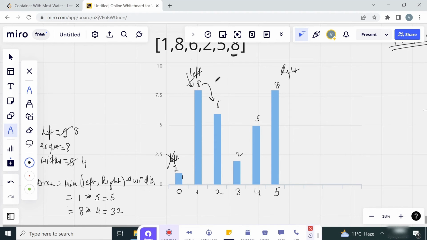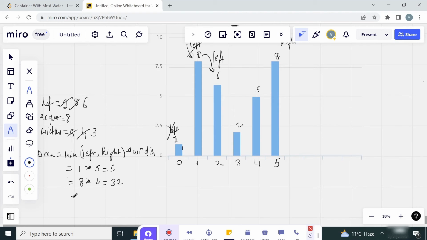So we will move our left again from index 1 to 2. Our left will represent a line with height 6 and right is at the same line representing 8. The width has now reduced to 5 minus 2, that is 3.